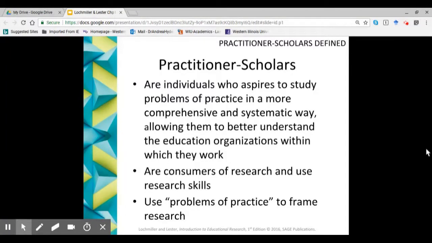But the assumption in this book is that your research is going to be focused on some problem related to your teaching or administrative practice. So we know that there are other and interesting things to study, but for the purposes of this text and describing research methods, the assumption is going to be that your research interests have to do with your practice.